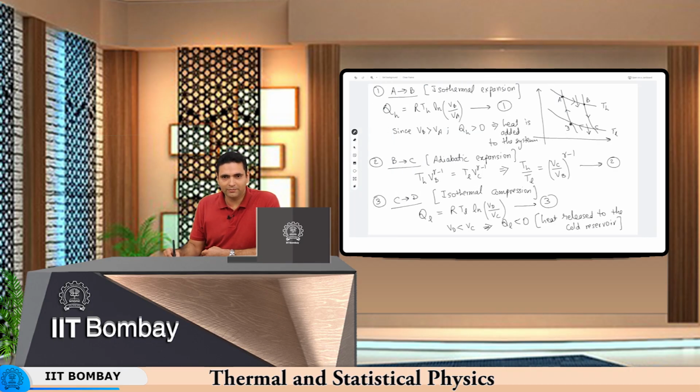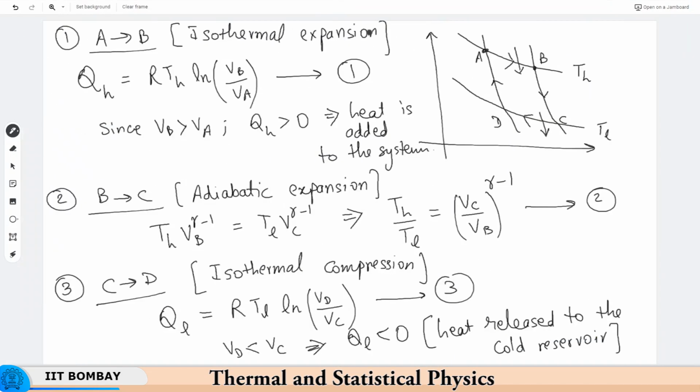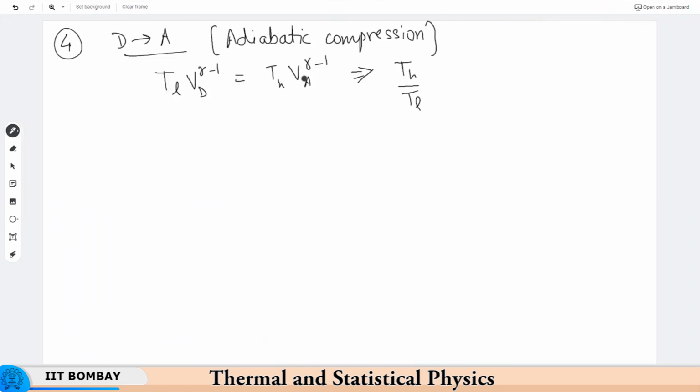TL times VD raised to the power gamma minus 1 equals TH times VA raised to the power gamma minus 1, and here I can write the ratio TH by TL, the same way we wrote here. So, TH by TL becomes VD divided by VA raised to the power gamma minus 1, and we can call this equation number 4.